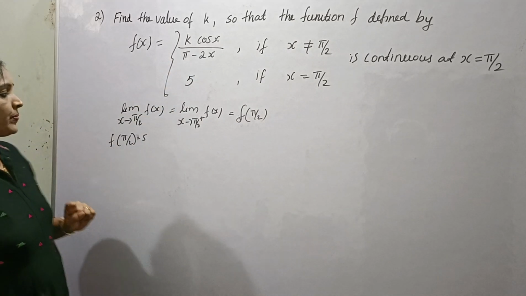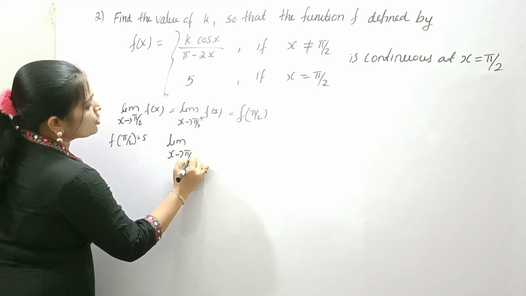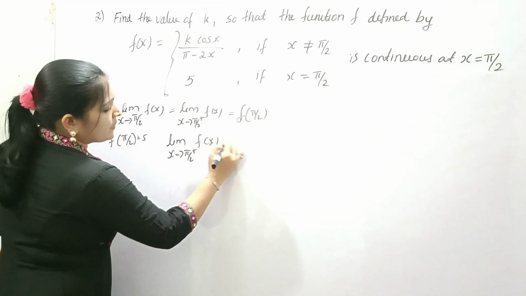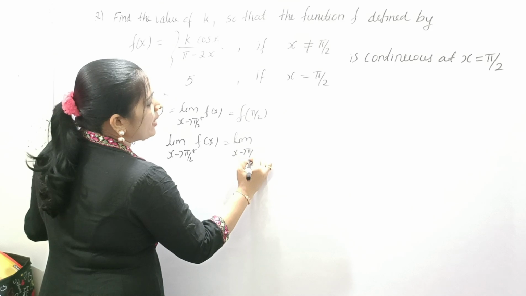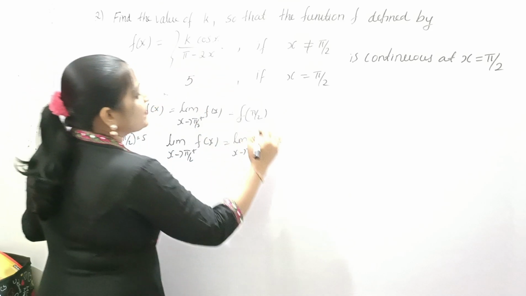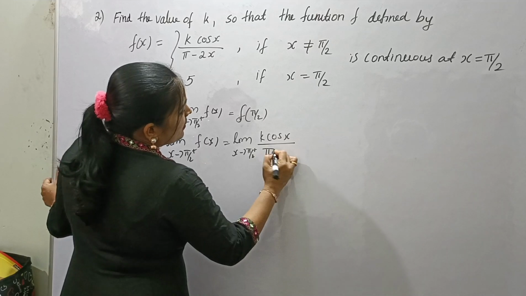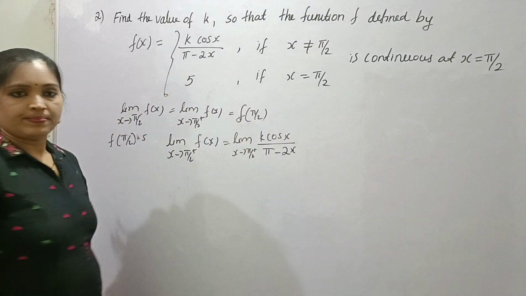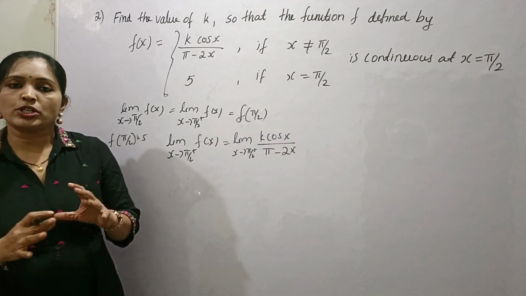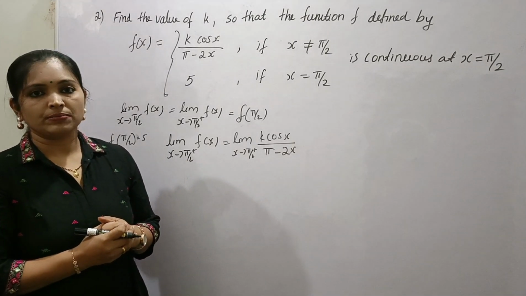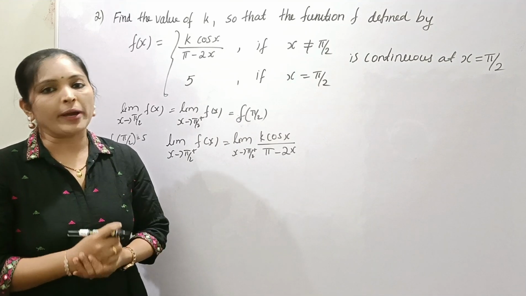so that we will get the value of k. Okay. Then let's find limit x tends to pi by 2 plus f of x. That is equal to limit x tends to pi by 2 plus f of x is k cos x divided by pi minus 2x. Okay, and we know that in limits problem, first of all we will substitute the values, right? If x tends to pi by 2, we will put x is equal to pi by 2.